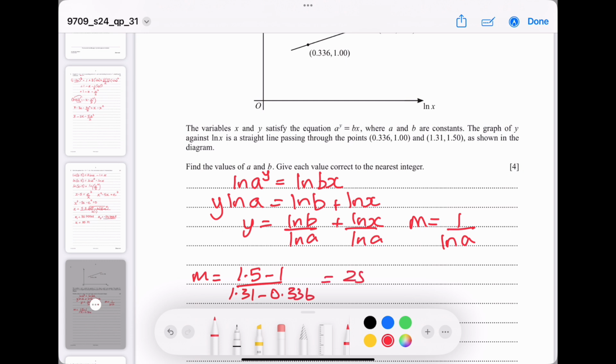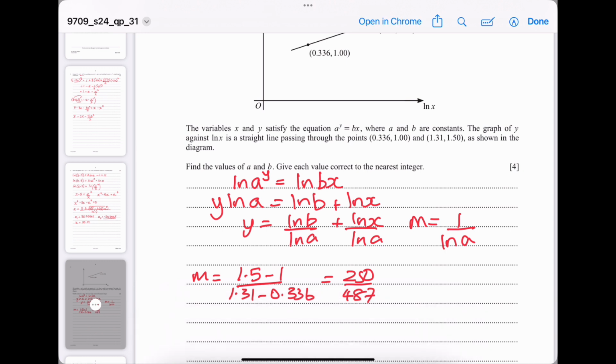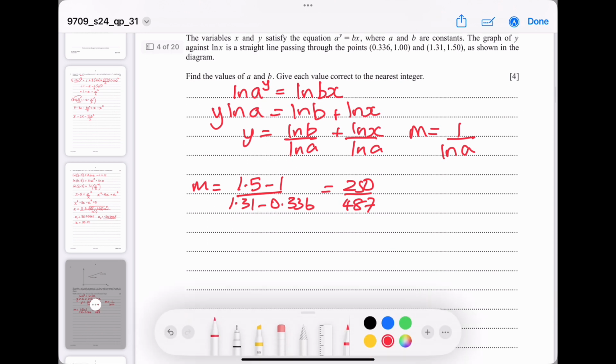Which is 250 over 487. Which means that 1 over ln a is equal to 250 over 487. So ln a is equal to 487 over 250.